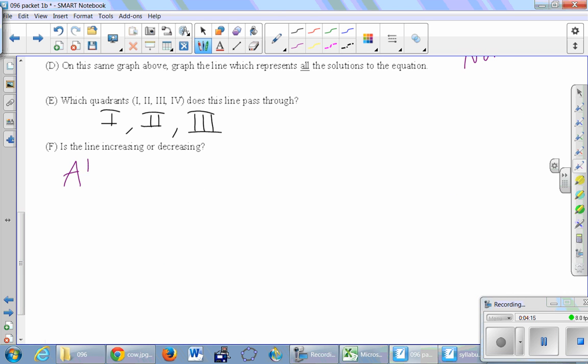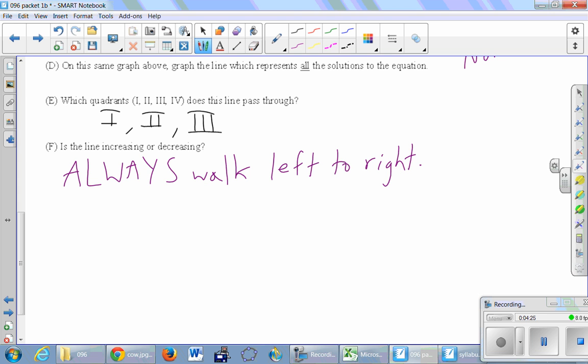So I'll put down here: always walk left to right. You see a question about increasing or decreasing, walk left to right. This line is, which one? Increasing, left to right.